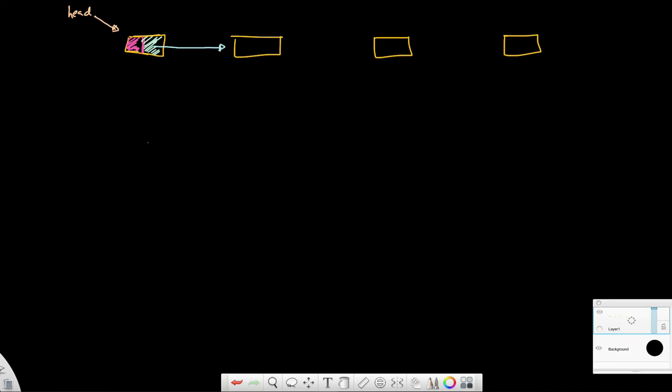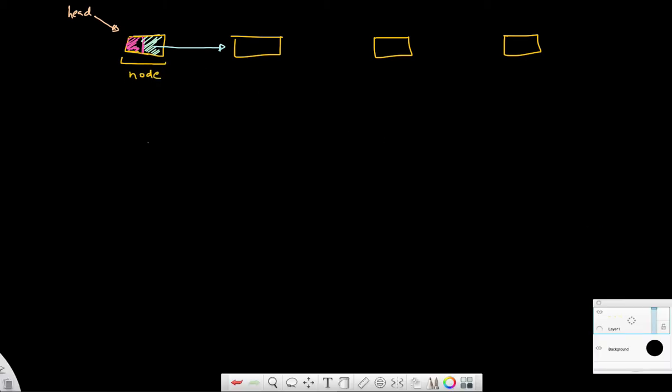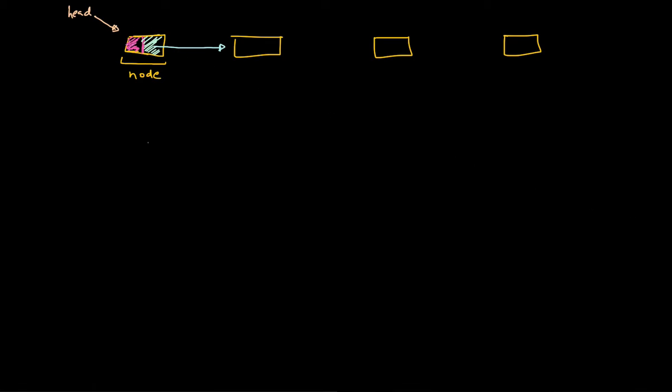Okay, so again, just to keep things clear here, whatever you see in yellow, this entire thing, is a node. And this region in pink over here is called the element. For our discussion here, we can think of the element as just being an integer, just some primitive int type.